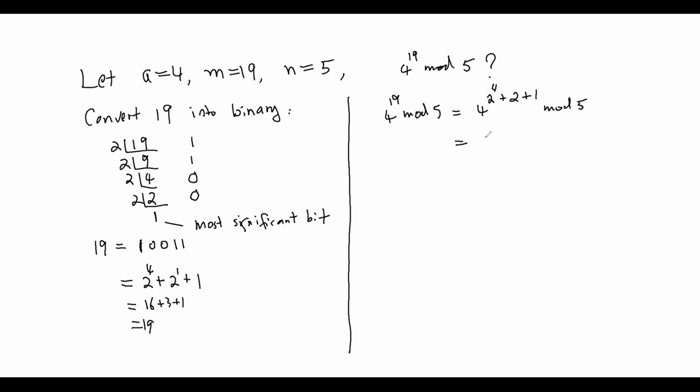Then this is equal to 4 to the 2 to the 4, times 4 to the 2, times 4, mod 5. It can be written as 4 to the 2 to the 3, squared, and so on, mod 5. All right, now the algorithm is to keep squaring the previous number. So now we know g_5.